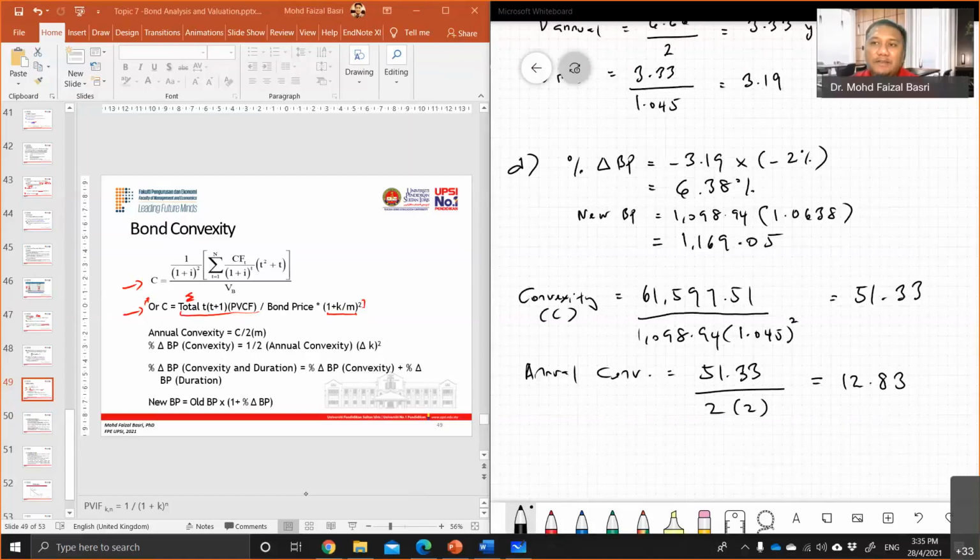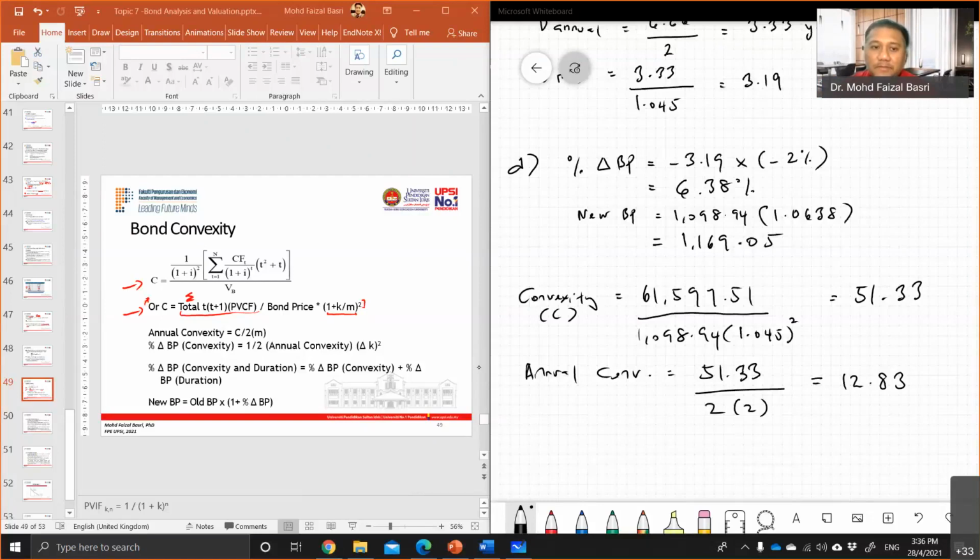So similar to duration. You remember, previously we used the modified duration in order to determine the percent change of bond price based on duration. Here, to find the percent change of bond price using convexity, where before we used negative modified duration times the change of K, now it will be half, or 0.5, or 1 divided by 2, multiplied by this annual convexity.